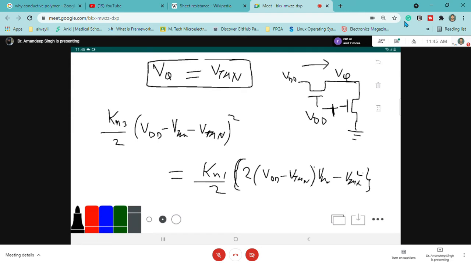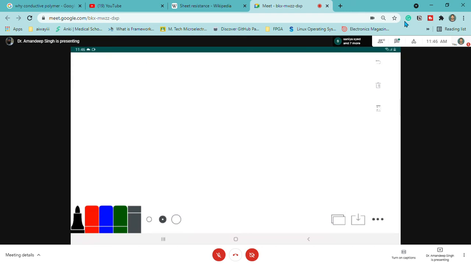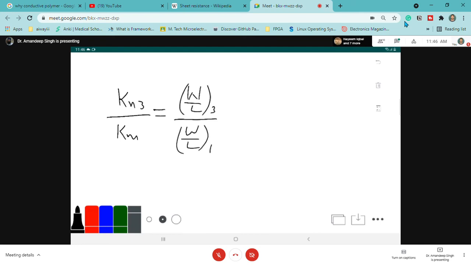When you solve this, you will find that Kn3 divided by Kn1, or, because mu and C oxide are the same, W by L of 3 divided by W by L of 1 is satisfying this condition.